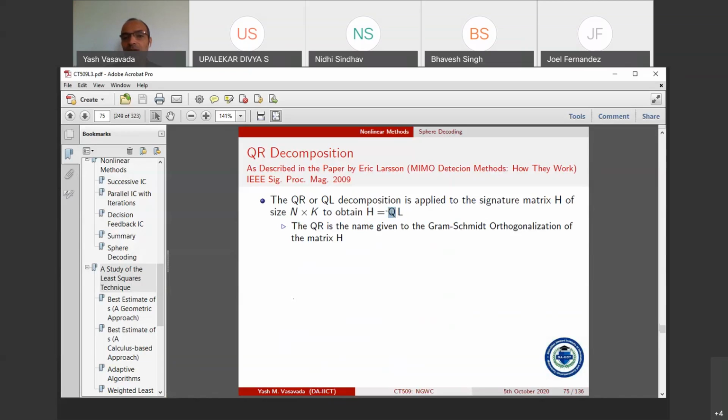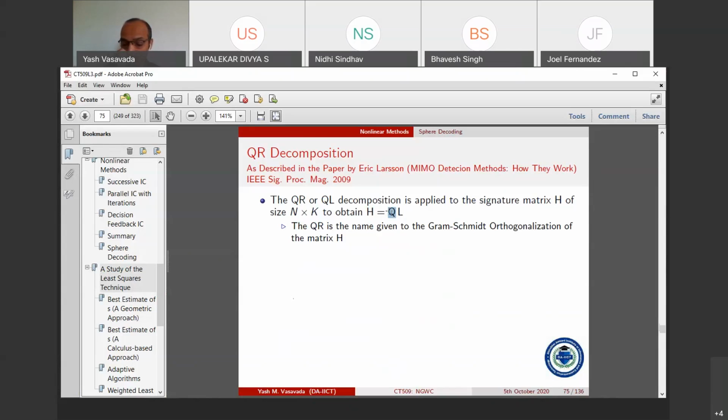To get the second column of Q, we take the second column of H, and from that we subtract the projection of the second column of H onto the first column of Q. And that we keep on doing for all the other columns of Q.